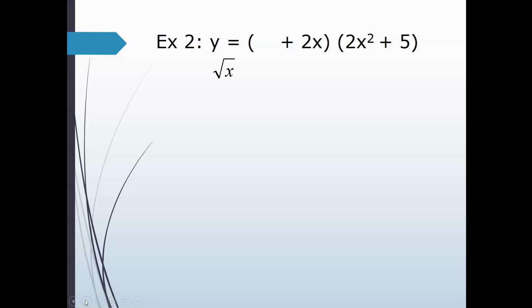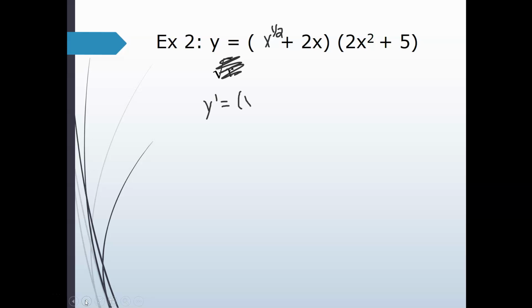All right, so the square root of x plus 2x equals 2x squared plus 5. So once again, you could do this by FOILing or by using the product rule. So instead of having it as the square root of x, though, we would rewrite it as x to the 1/2 power. And then we would take our derivative.